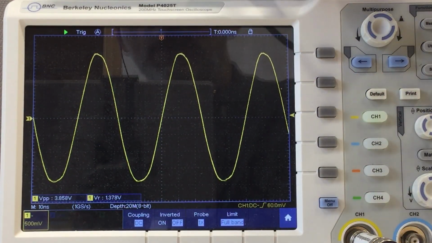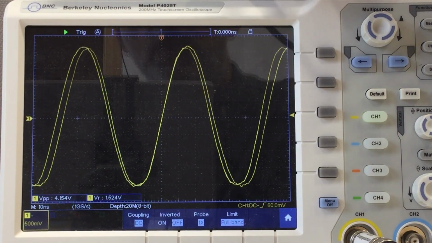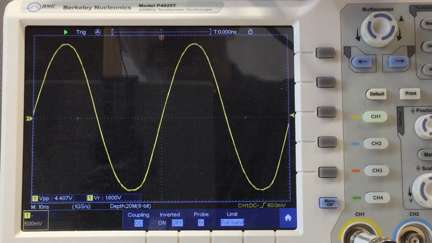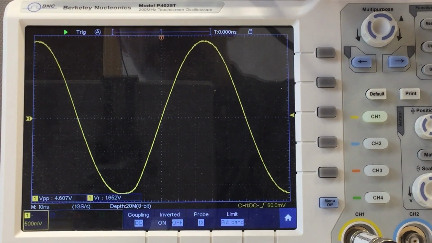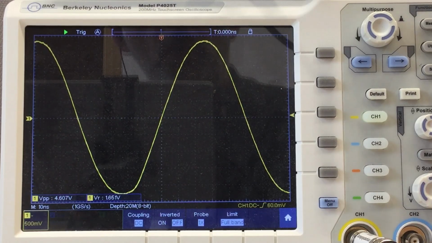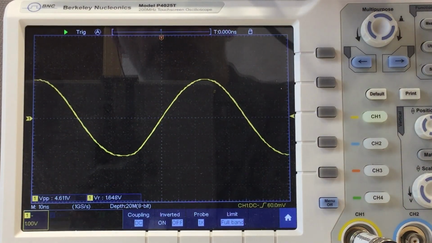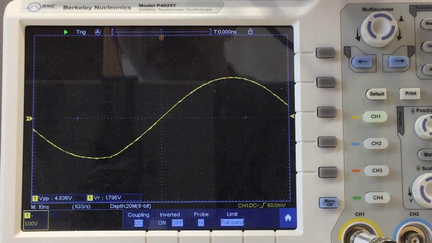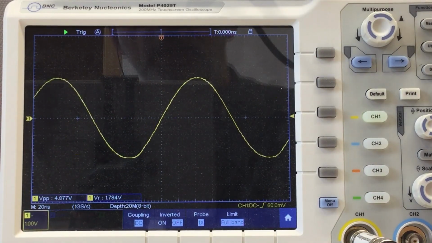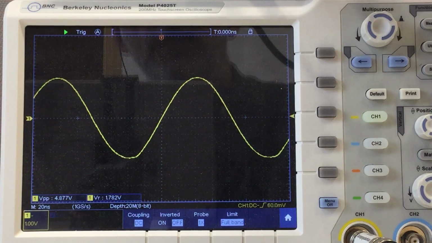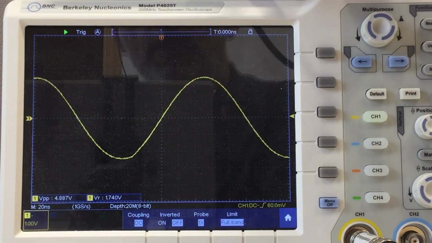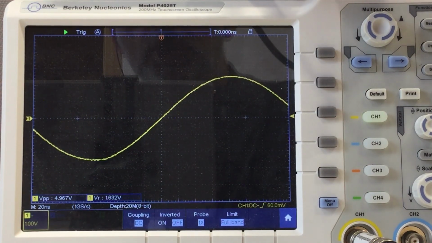And now I'm turning down the frequency and we get 0 dB dampening. I have to turn down the scale here, and the other scale for the 10 volt output.